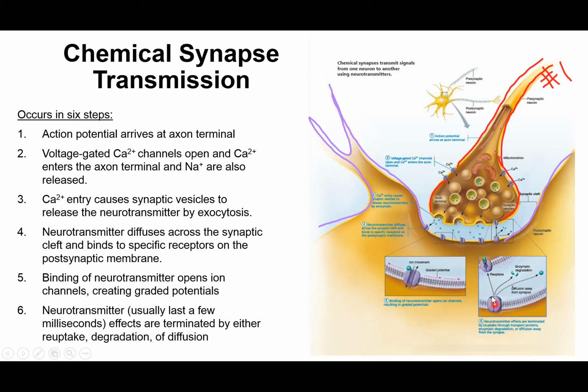So the neurotransmitter is going to unbind from its receptor on the postsynaptic neuron and get taken back up into the presynaptic neuron. The other thing that can happen is that the neurotransmitter can be degraded or broken down into its components. And then the third thing that can happen is that the neurotransmitter, once it is released back into the synaptic cleft, might just diffuse out into space and get lost. Okay, diffused away from the synapse.